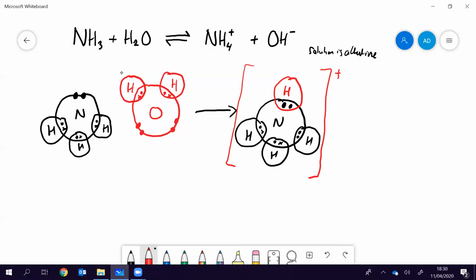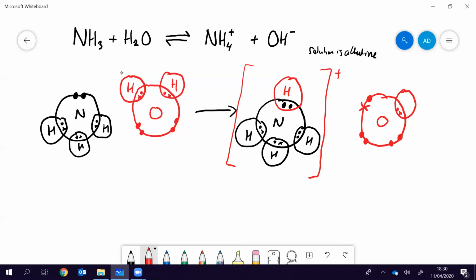And let's draw what's left over from the water. We draw that in red. So we're going to have an oxygen with just one hydrogen attached to it now. Oxygen has got 6 of its own electrons. I've only drawn one of them so far, so I need to draw 5 more. So we have 2 lone pairs here, and then we have got this lone pair.